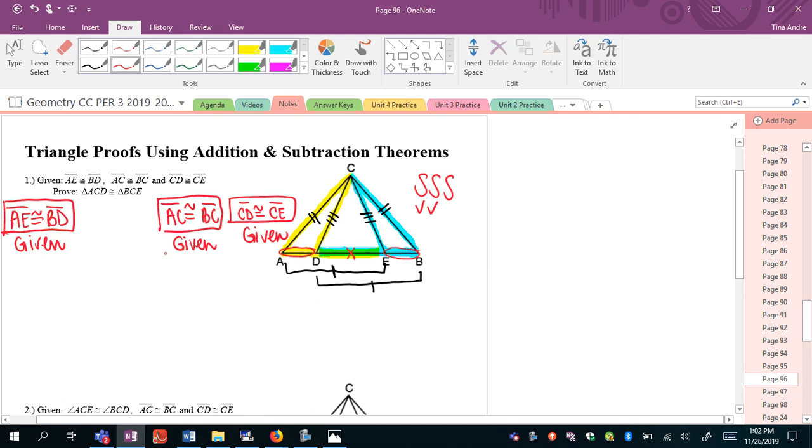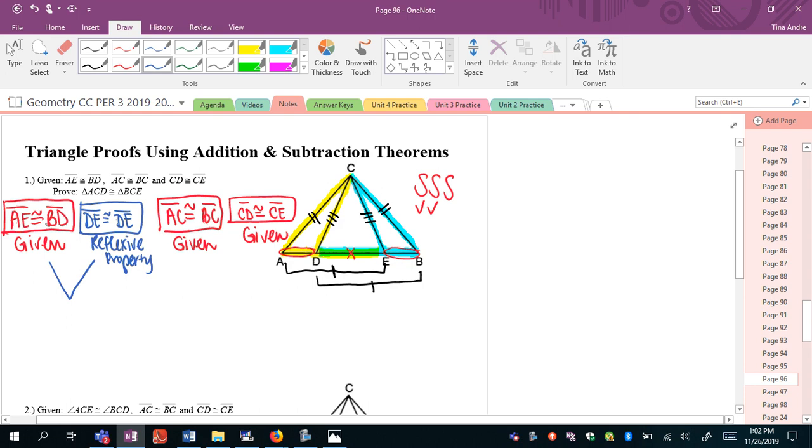To get that third side, what I need to use is the reflexive property, that shared piece, DE. Remember, reflexive property is just kind of like a floater statement, doesn't connect to anything because it's from the diagram. And then using these two, I can subtract off.